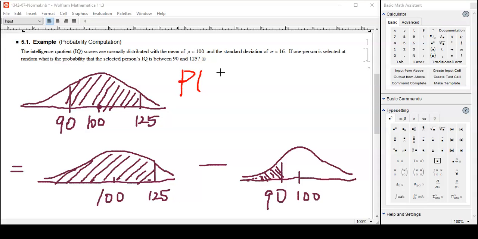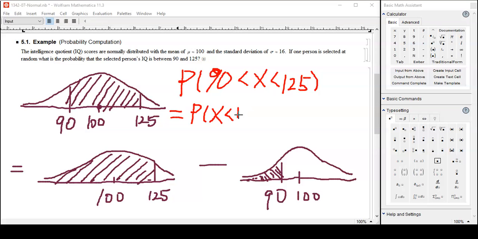So this probability that x is between 90 and 125, that's basically the same as x is less than 125 minus x is less than 90, isn't it?